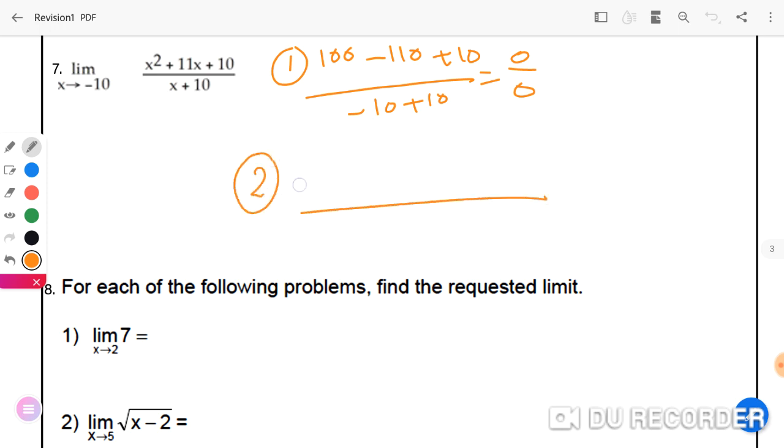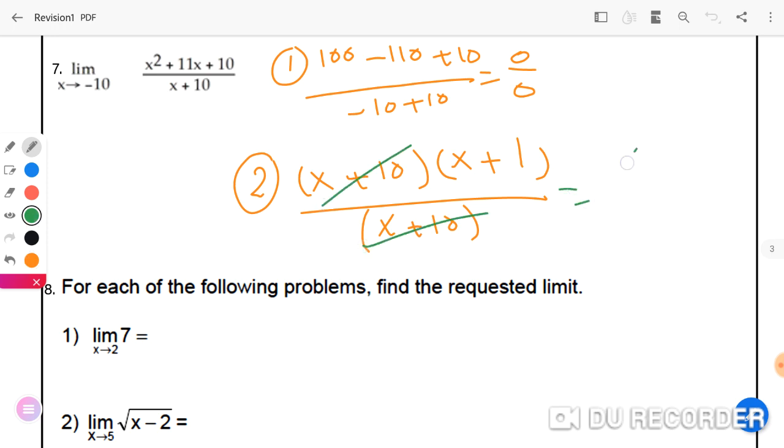Okay, it will be what? x, x, plus 10, plus 1. x plus 10, I think it's right. This one 10, 11, yes, sure. You can use your calculator. Cancel the common factor, it will be x plus 1, that is the new function.